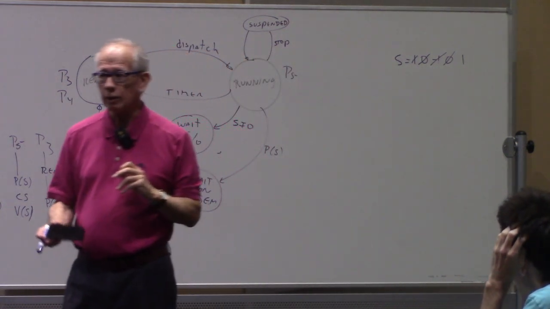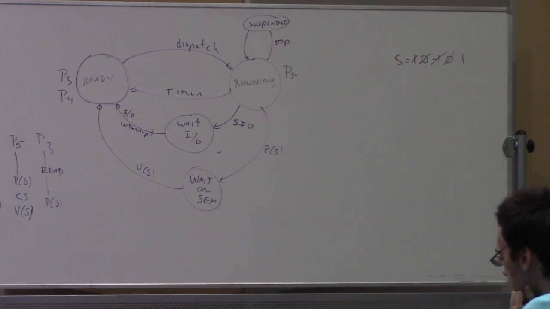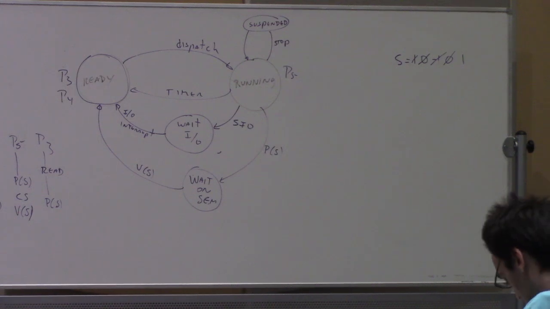Getting an idea of what is going on? So remember, when we apply the P operation, the semaphore is decremented, and if the value is less than 0, we block the process. If we apply the B operation, the value is incremented by 1. If the value is less than or equal to 0, we move a process from the semaphore queue into the ready state. That's what we have done.